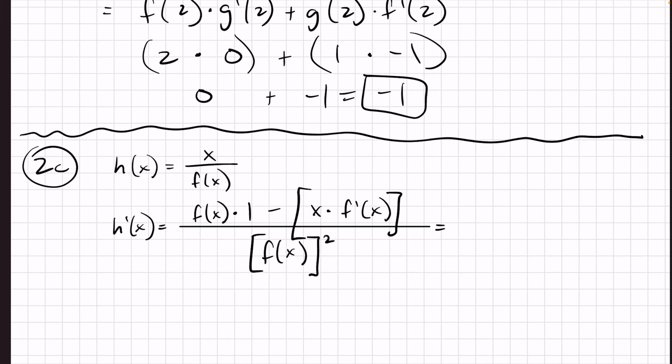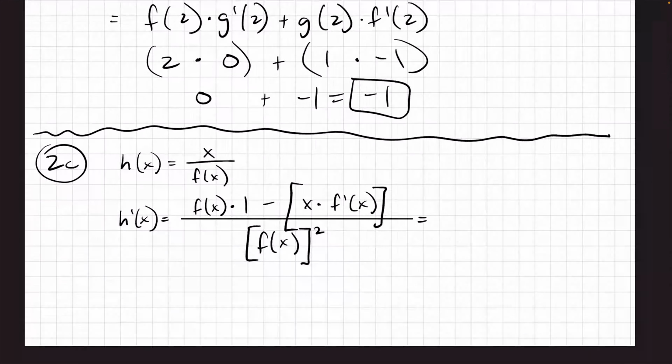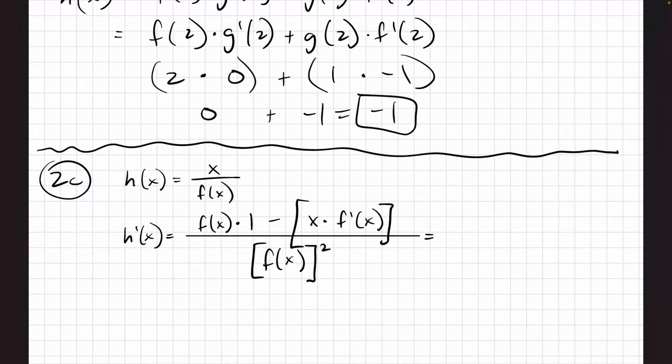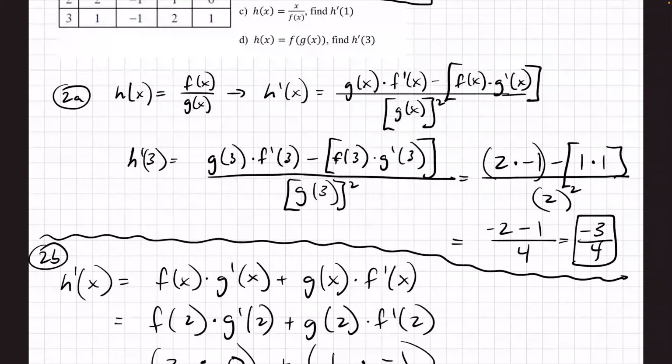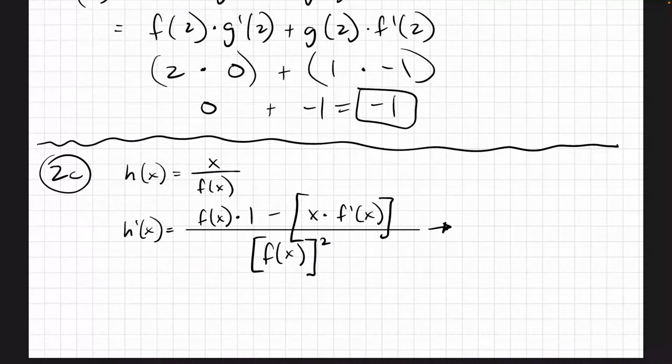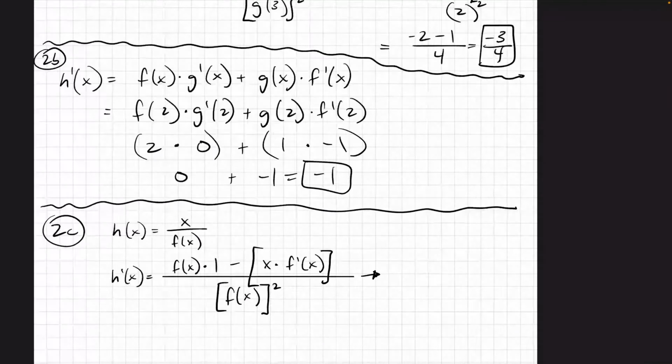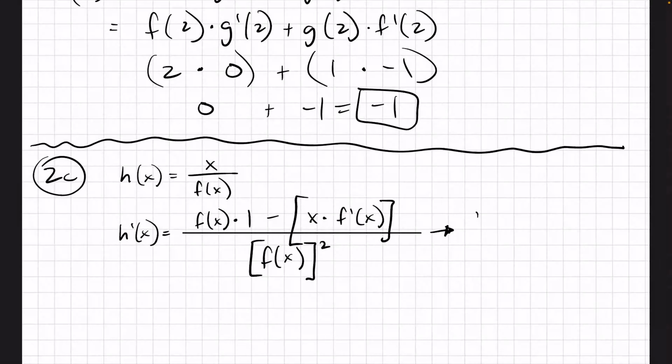And then you just do the same thing. You plug in what you need to. So this one we're plugging in 1. So f of 1 times 1 minus, well, it's only x, so anywhere there's an x, I'm plugging in 1. Times f prime of 1 over f of 1 squared.